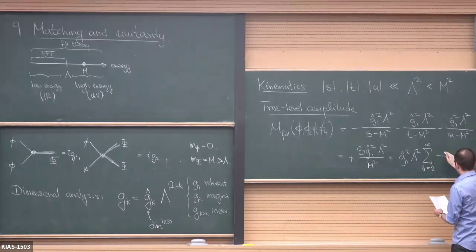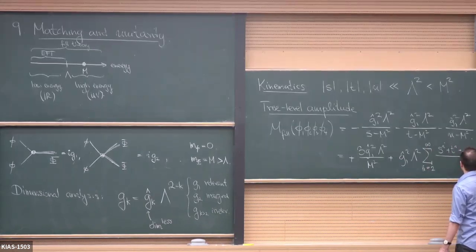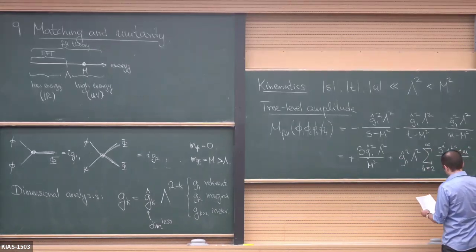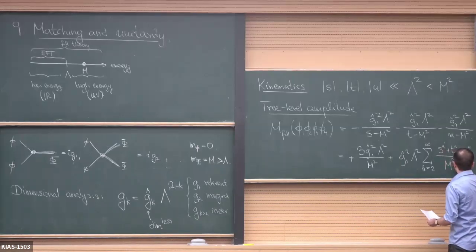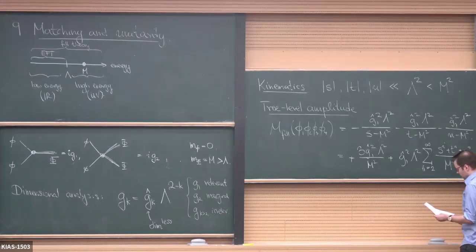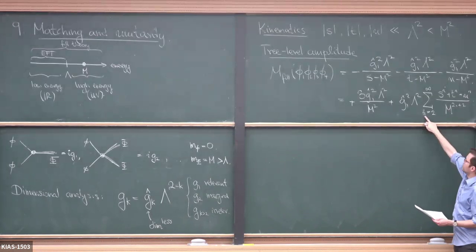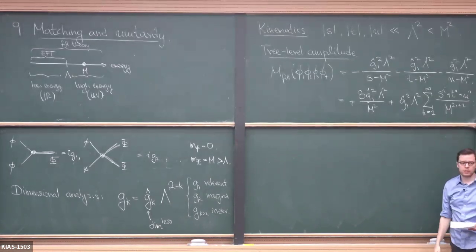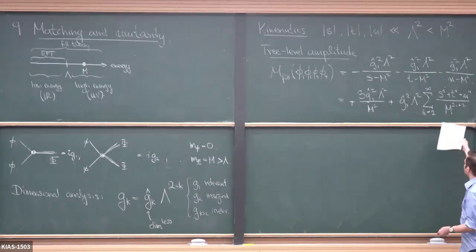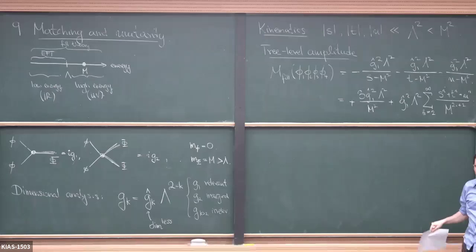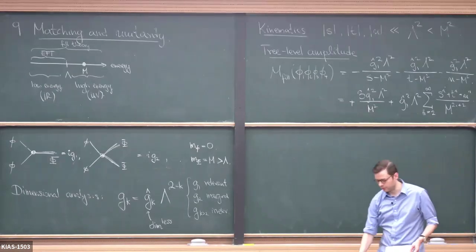In fact, an infinite number of terms that look like S to the i, T to the i, and U to the i with this mass dimension. So this is hopefully quite simple. Here I'm missing the term i equal to 1. And the only reason for that is that this would give me S plus T plus U, which vanishes by momentum conservation.